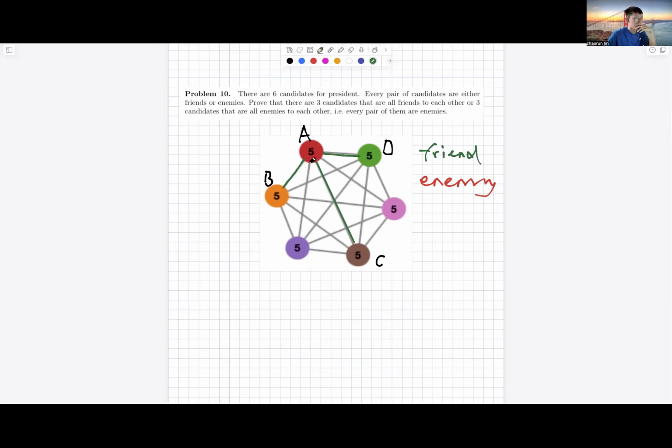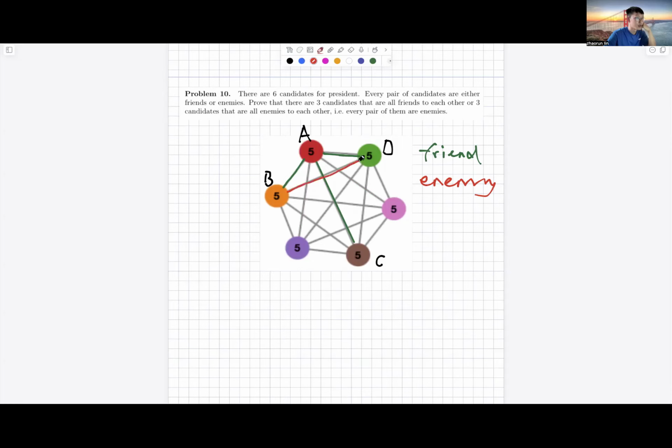Okay, so A is already a friend with B, C, and D. And if B and D are also friends, we have a green cycle, right? So this is a group of three candidates that are all friends. We have green, so we cannot put green here. We can only put red here.